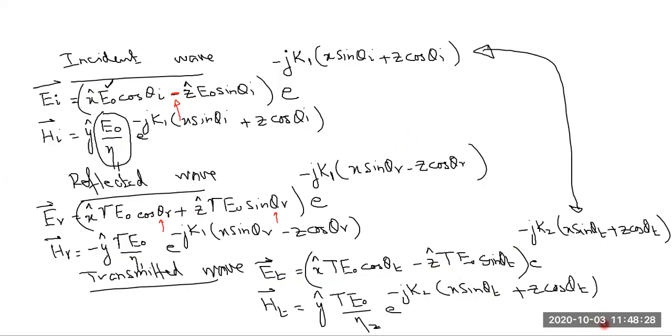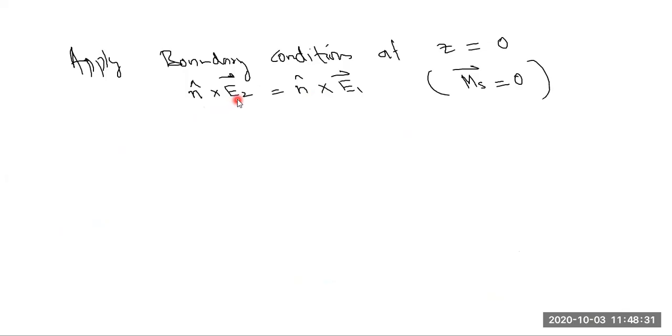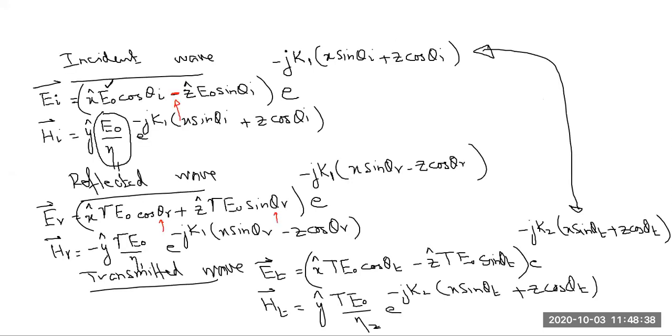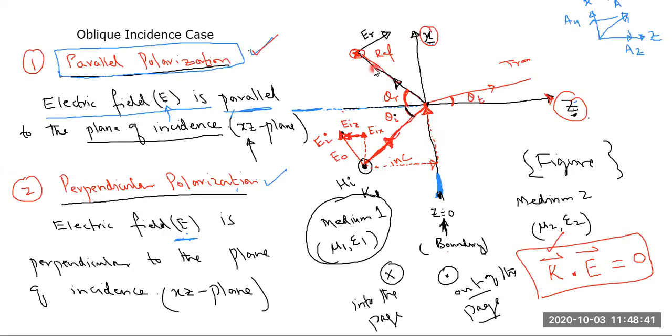This boundary condition, n cross E2, applies to the tangent component. Out of the two components, one is pointing in the x direction and the other in the z direction. The x component will be pointing in this direction, and of course the x component is tangent to this boundary. Whereas the z component will be pointing either in this direction or in this direction, so it is normal to the boundary.